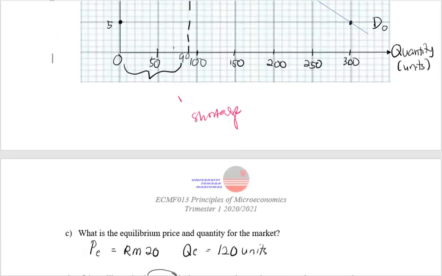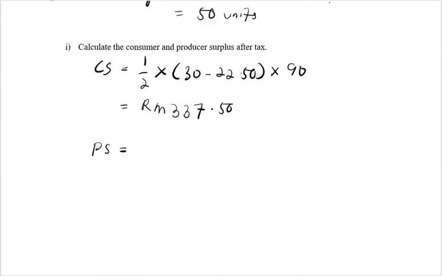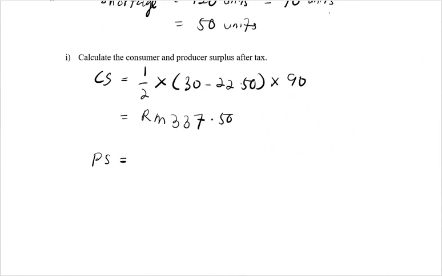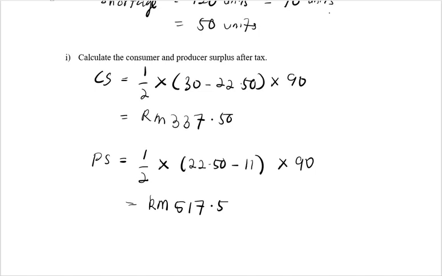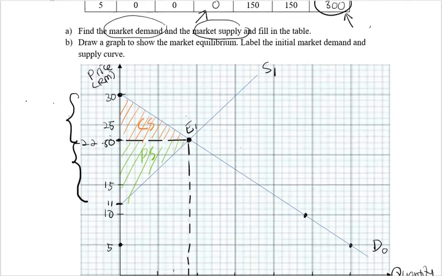So to find the producer surplus, use the formula for triangle area. The height is 22 ringgit and 50 cent minus 11 ringgit, times 90. It should be RM517.50.